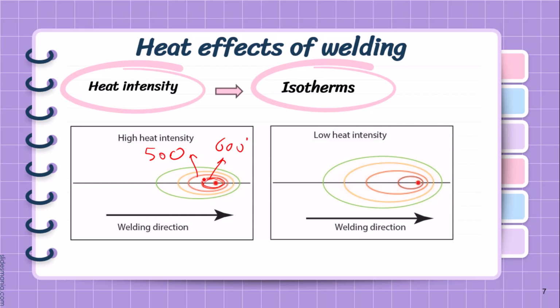The closer these lines are, the higher the heat intensity is. With lower heat intensity, these lines are farther from each other, and you can have a sense of how the heat affected zone is greater in this process.